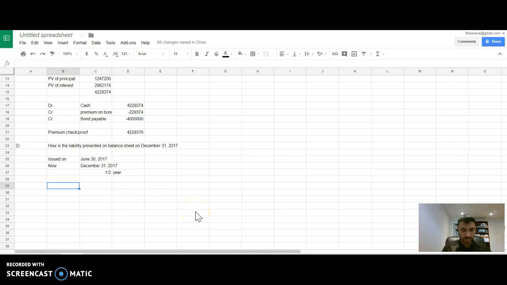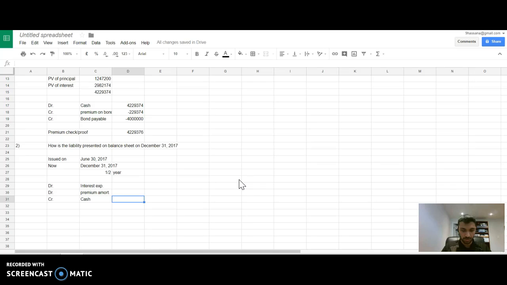So there's going to be a debit for interest expense, and a credit for cash, which is the interest that's going to be paid. Now, when we set up the bond, there was a premium. So to bring this premium down, since it's a credit, we need to debit the premium, and we'll call it premium amortization.